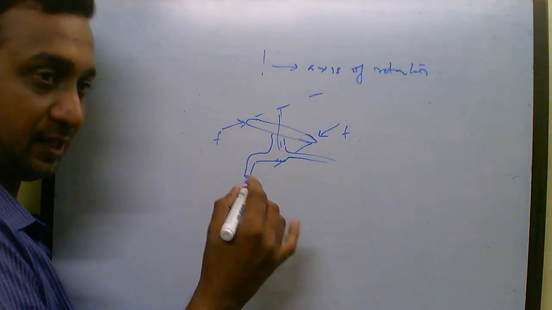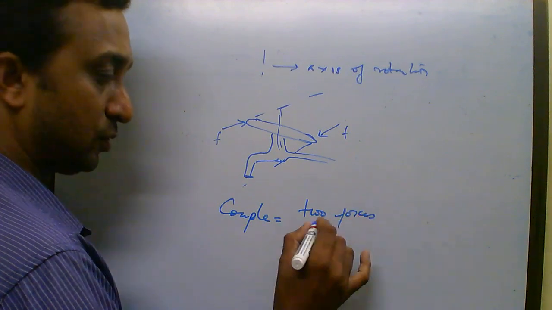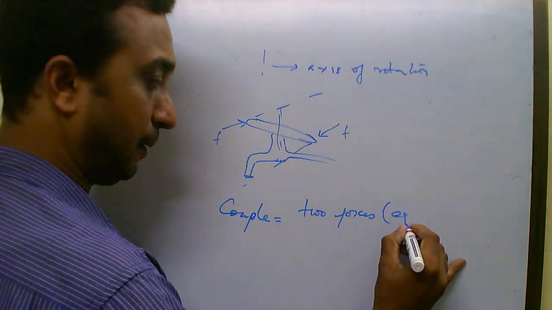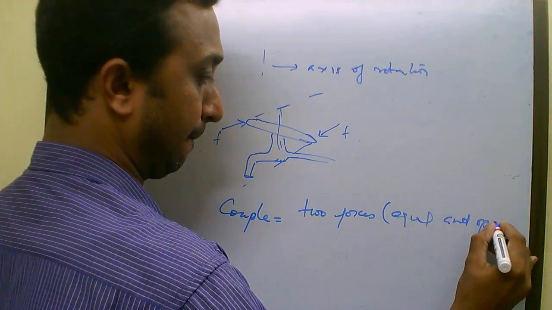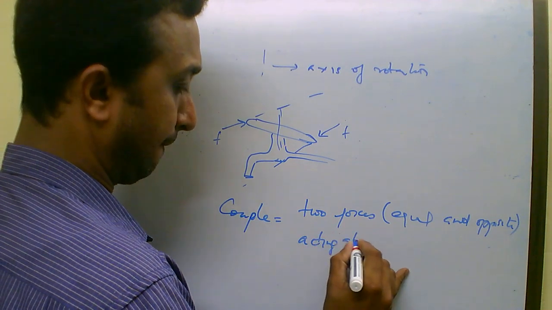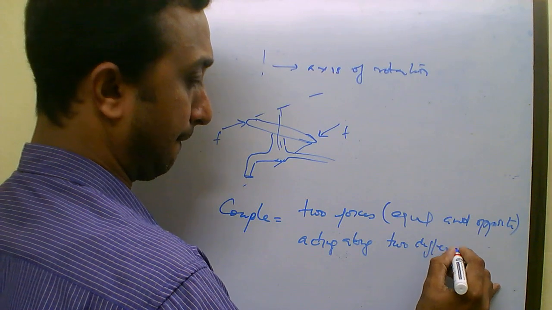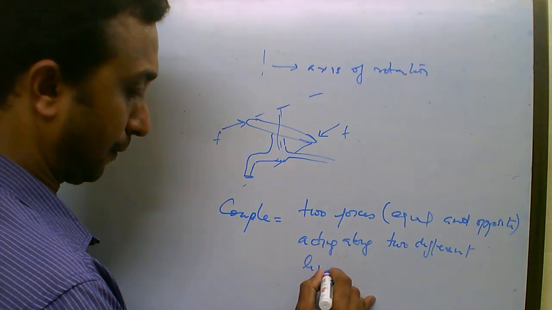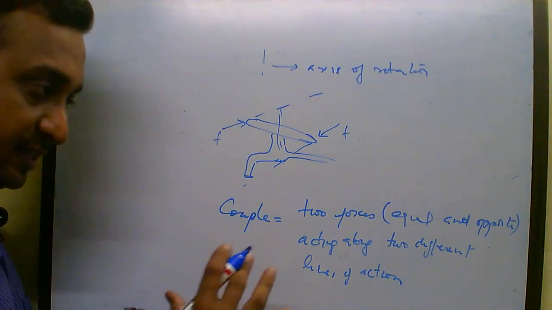A couple is nothing else but two forces which are equal and opposite, acting along two different lines of action. What is the net effect?